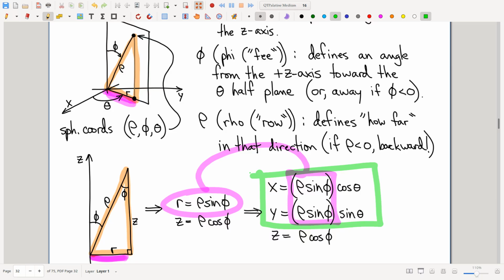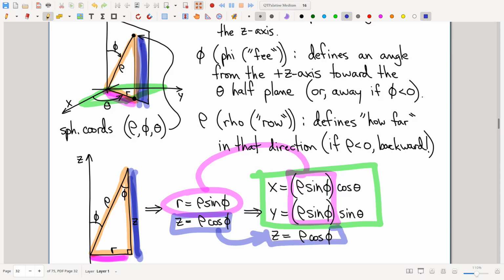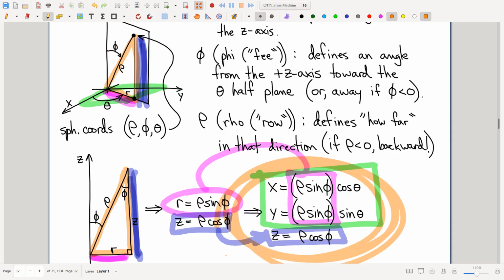So now we have the x and y coordinates, just a little bit of trig and remembering the existing formulas we already had. Everybody happy? Okay. Of course, you'll also notice z is just the other side of this right triangle and is thus rho cosine phi. So altogether, here are your spherical to rectangular conversion formulas.